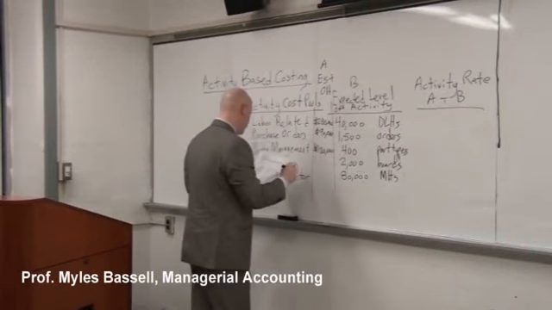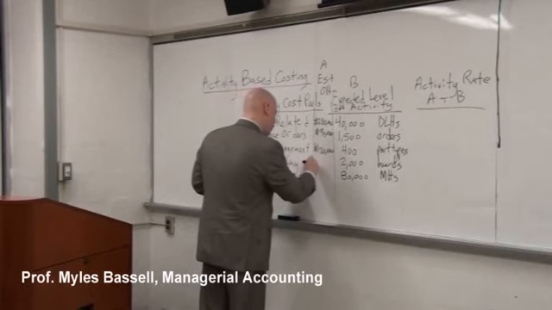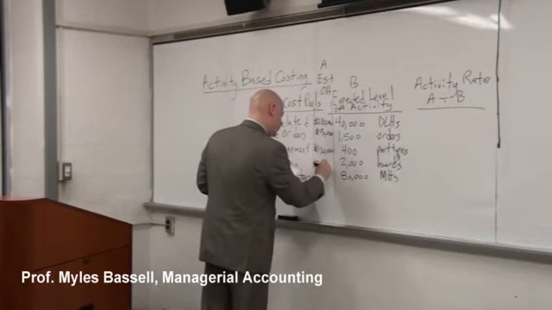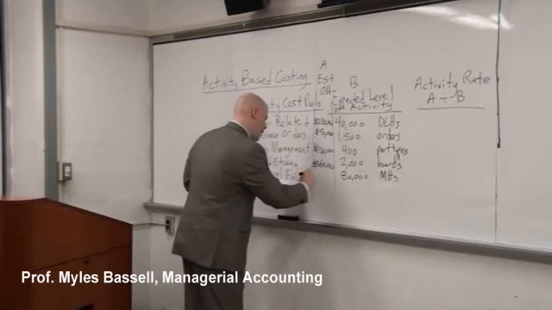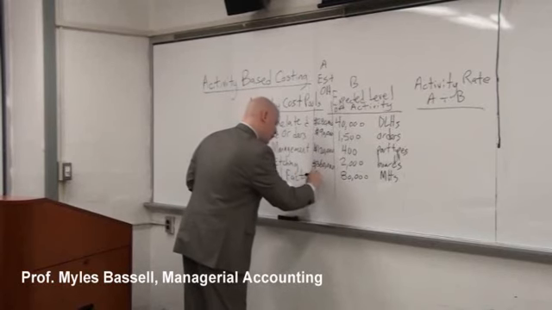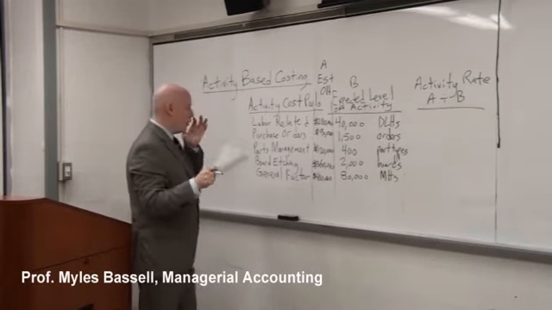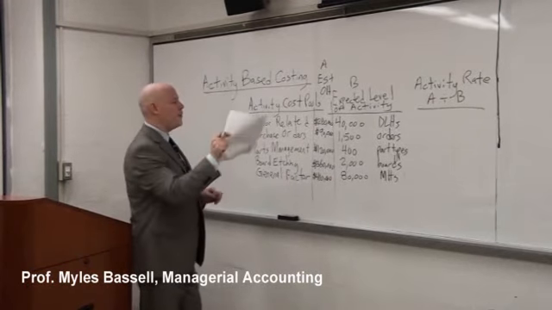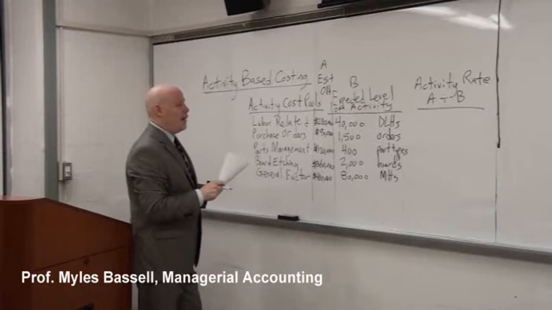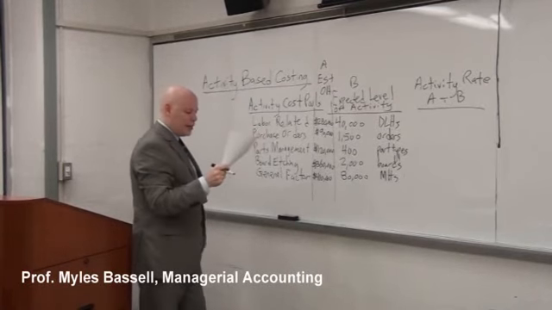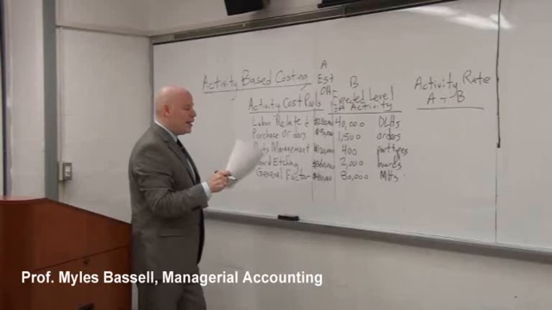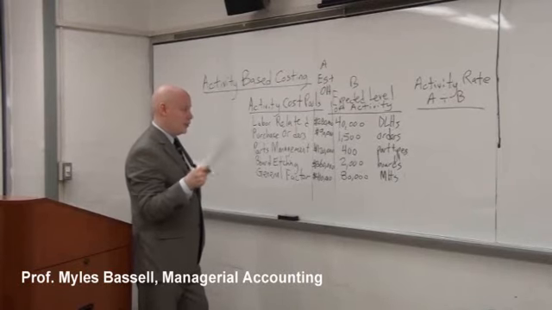Parts management is $120,000. Board etching is $360,000. And general factory is $400,000. So now we have enough information to determine the activity rate. And then with that activity rate, we could determine the applied overhead.